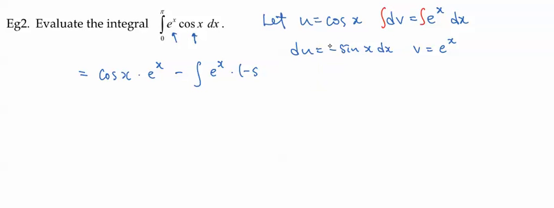Let me put the negative sign outside. So this is after one integration by parts. Does it look easier to work with now? Well, we turn cosine x into sine x.